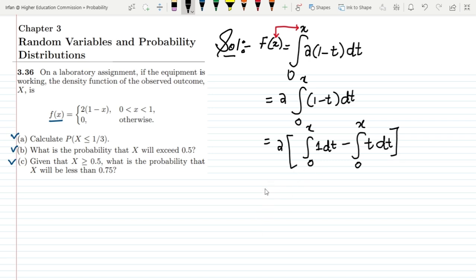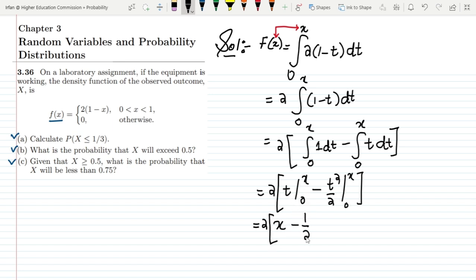Now, integrating them separately and then putting the limits, I will have t from 0 to x, while here I will have t^2/2 from 0 to x. Putting these limits here, I will get 2 times x minus 0, which is x. Similarly here, minus 1/2, and here I will have x^2 minus 0^2.